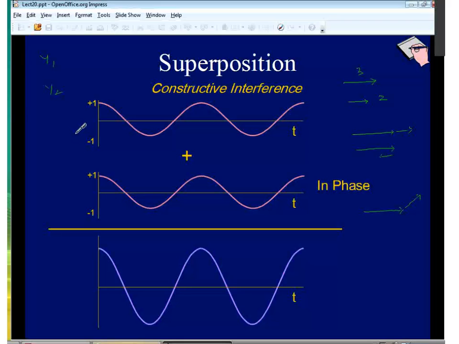Superposition principle and interference phenomenon are not one and the same. Interference is a phenomenon. When you find 3 plus 2 is becoming 5, then you say, okay, it's too loud or too bright. In case of sound, it will be too loud.